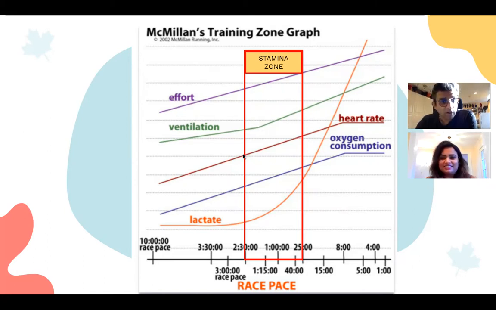That's what it means. Of course, heart rate is going up quite a bit. And of course, oxygen consumption requirement is going up quite a bit. And you see there is a sudden increase in lactic acid. Right?